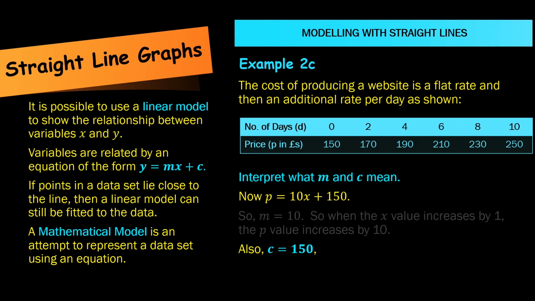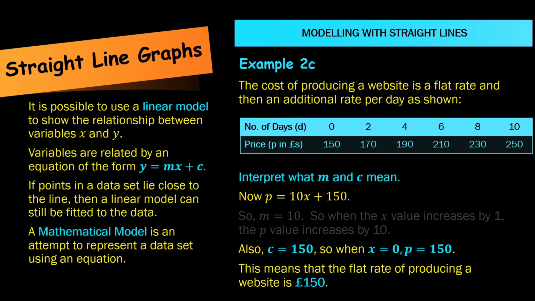For c equals 150, we have that when x is 0, P is equal to 150. This means that the flat rate of producing a website is £150.